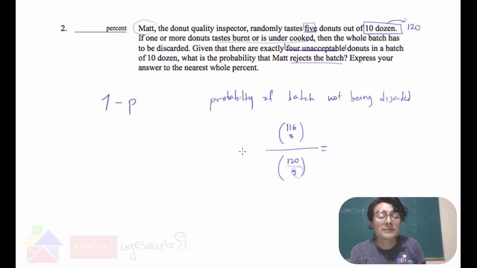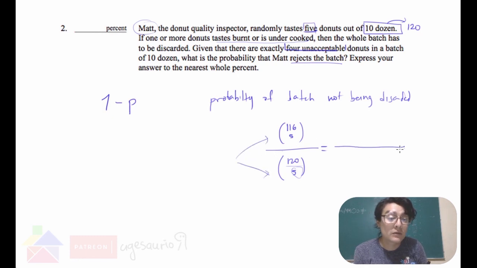These ways of choosing things are really important. The top line is gonna be a big multiplication: 5 numbers counting down from 116.